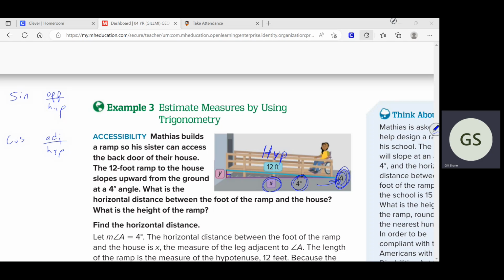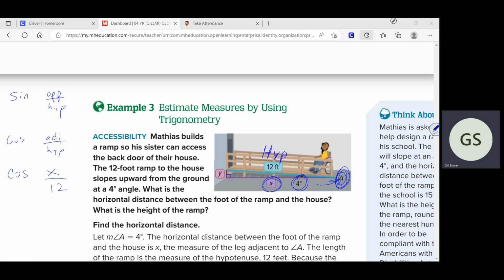So I need the formula with adjacent, and I need the formula with the hypotenuse. So adjacent and hypotenuse, I have to use cosine to solve for X. So if I know that I'm using this formula, now I just plug in numbers. The cosine would be the adjacent, which is the X, over the hypotenuse, which is the 12.